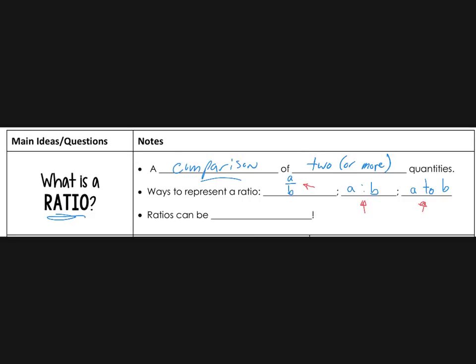Ratios can be and should be simplified. Okay, and that's an exclamation point. Ratios can be simplified.